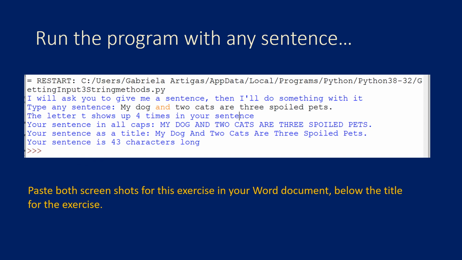Then it tells me how many characters long the sentence is, and I counted one by one my sentence between letters, the period, and the spaces. They count to 43.